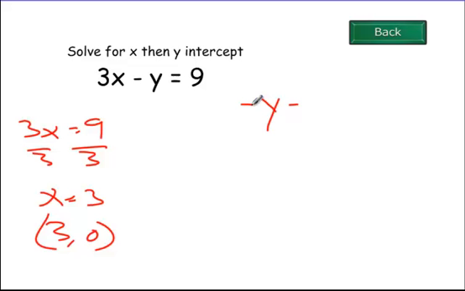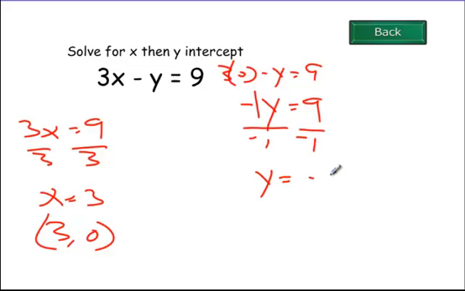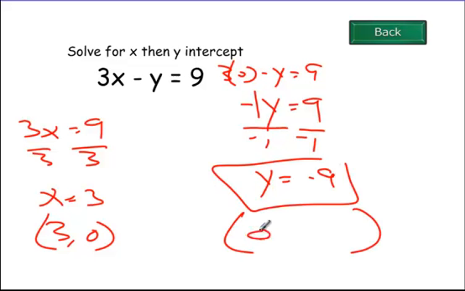Now we have negative y equals 9, because I'm taking 3 times 0 minus y equals 9. Well, that's just 0, and I'm not going to write that again. I'll treat this as negative 1, so we're going to divide by that negative 1. So y equals negative 9. So I have 0 and negative 9.